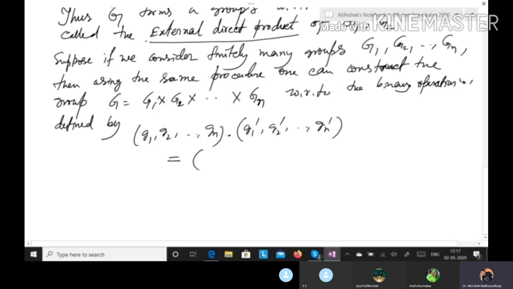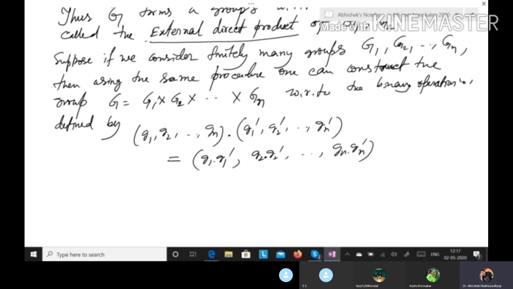The definition is componentwise, that is (g1 g1', g2 g2', ..., gn gn'). And the operations in each component are the respective operations of the respective groups G1, G2, ..., Gn.